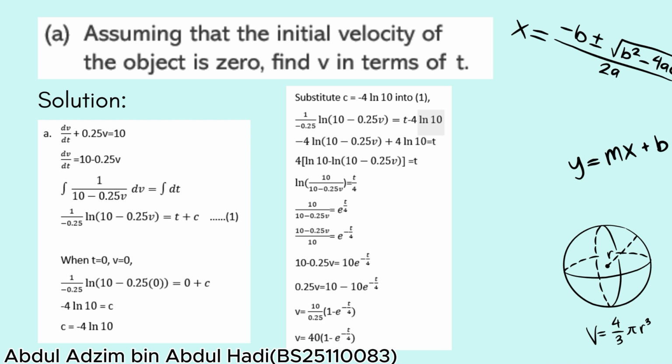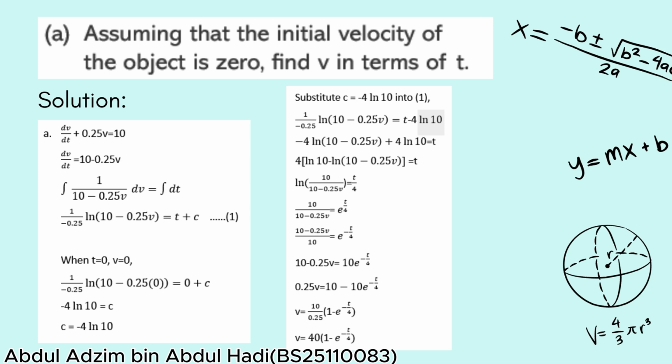The equation is then simplified to become ln of 10 over (10 minus 0.25v) equals t over 4. Both sides are then exponentiated, so we get 10 over (10 minus 0.25v) equals e to the power of t over 4. To make the equation simpler, both sides are then inverted, so (10 minus 0.25v) over 10 equals e to the power of negative t over 4.